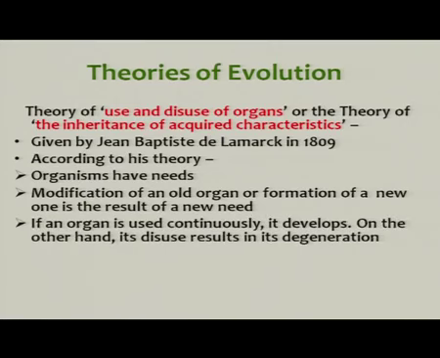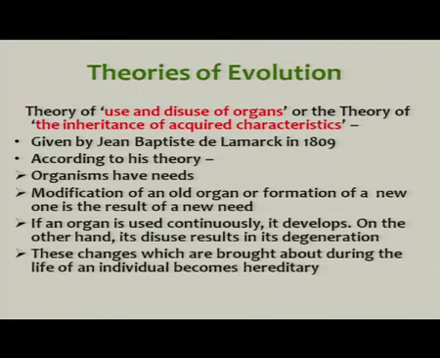He also stated that if an organ is used continuously, it will develop highly, but on the other hand, if it is disused or not used at all, then the organ will degenerate. And he also added that these changes which are brought about during the life of an individual become hereditary. Becoming hereditary means that they will be transferred to the next generation.